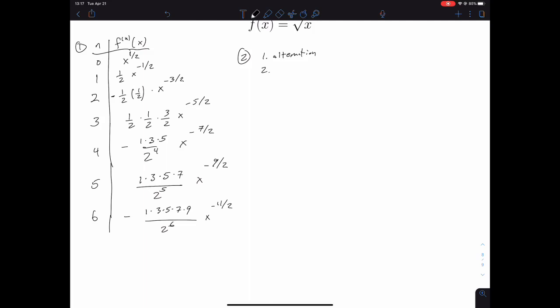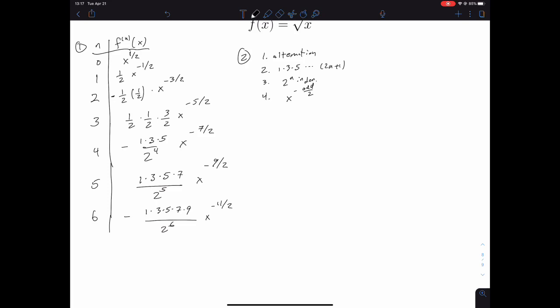Alternation. Two, we've got whatever this thing is. It's a running product with an odd number at the end. Okay, and then I've got a 2 to the n in the denominator. And then I've got an x to the negative odd number over 2.